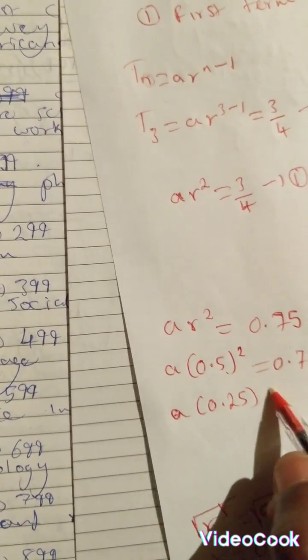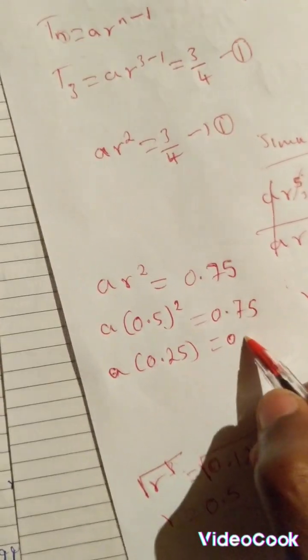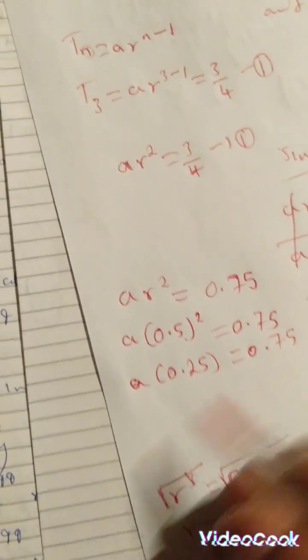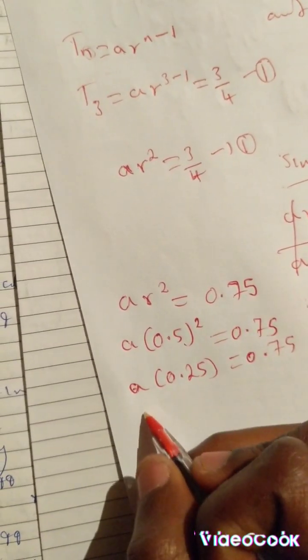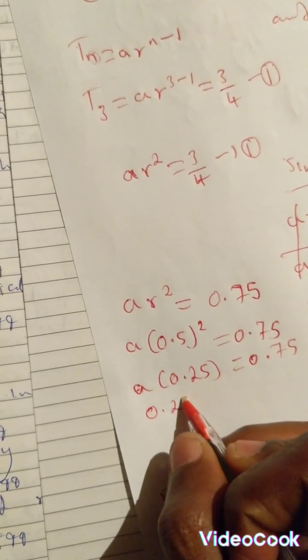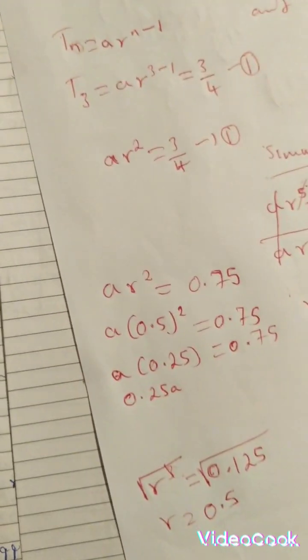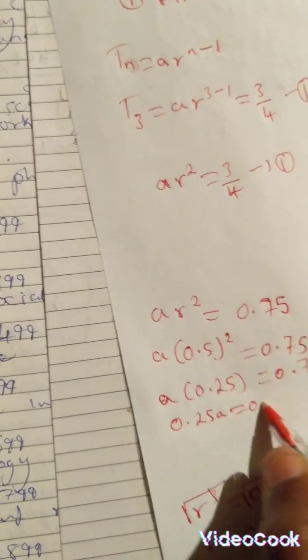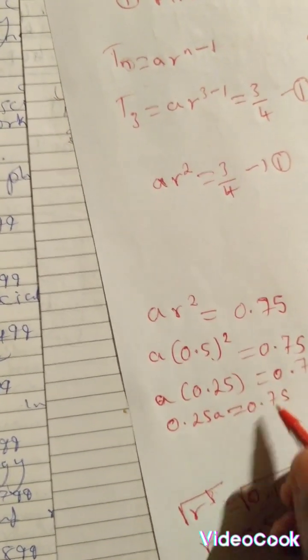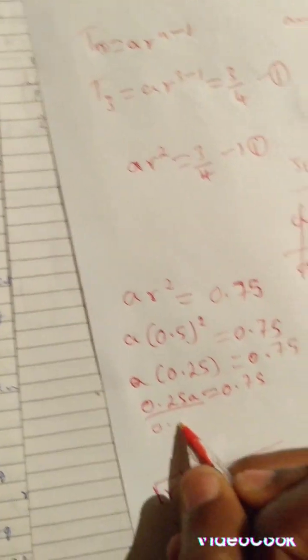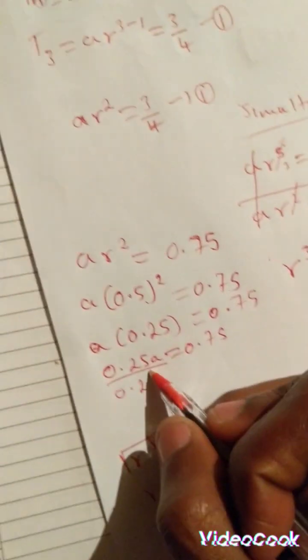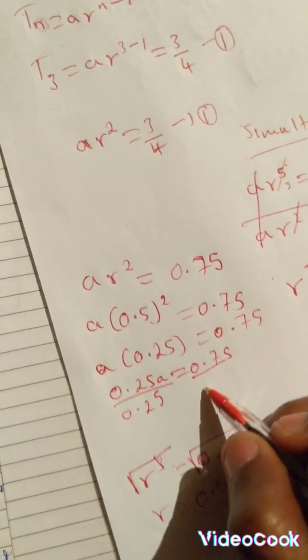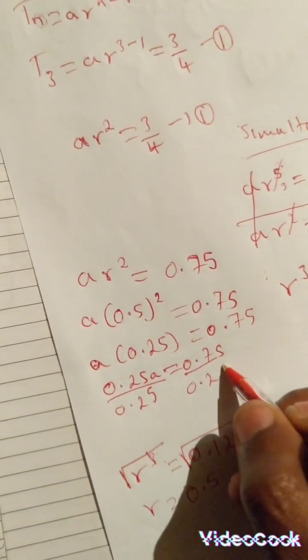Then 0.25 times a, we're going to have 0.25a, which is equal to 0.75. We divide both sides by 0.25. What is our a?